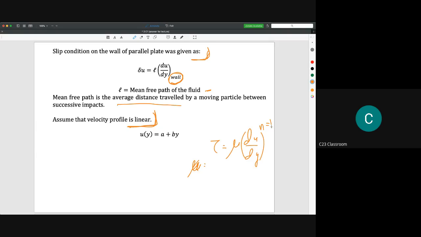Okay, and if you do this, whether n is equal to 1 or not, you will get a linear velocity profile. So that's why we just make the assumption that the velocity profile is linear. Then we start with this, a plus by, and I think this equation is similar to the previous question.